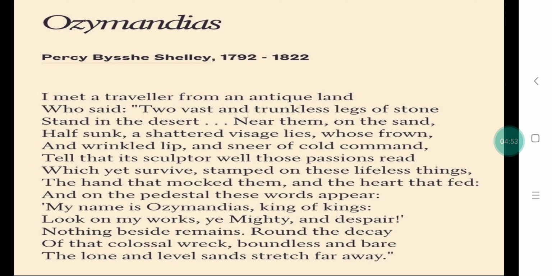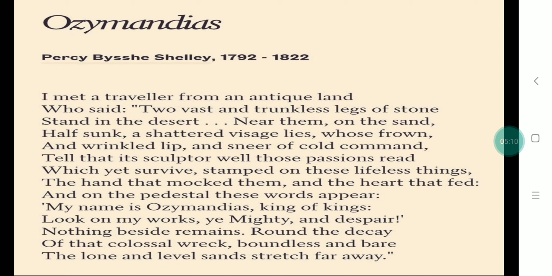Of cold command. Cold means heartless. From that face we can make out that the person was very heartless, and he was commanding. Commanding means he was giving commands. Heartless commands.